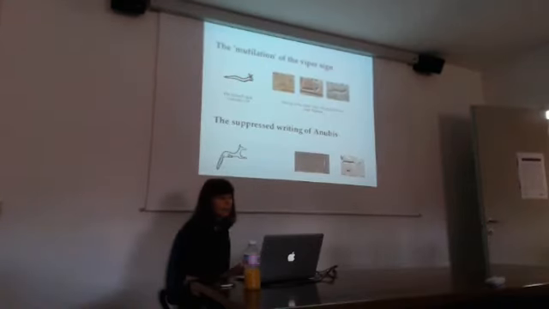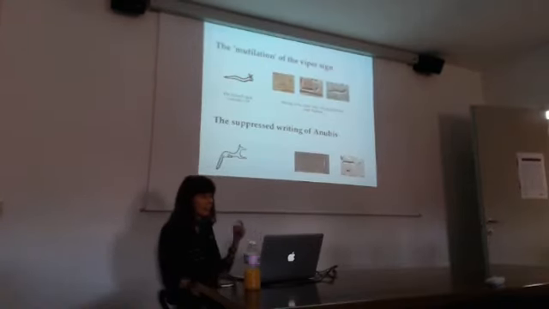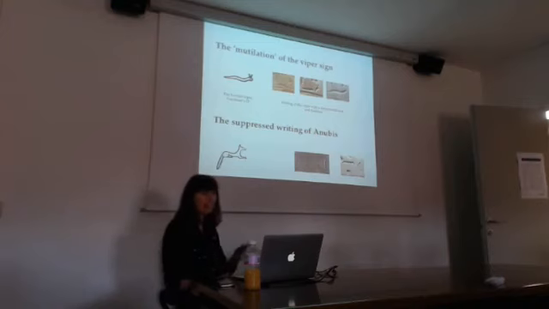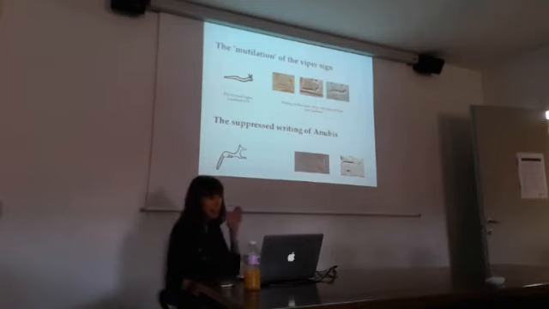So just quickly, the mutilation of the viper sign is characterized on false doors and stelae at this time as either being with a decapitated head placed above the body or in front of the body, or the viper being completely headless. And with the writing of Anubis, they started to use phonetic complements to replace the writing of the jackal.